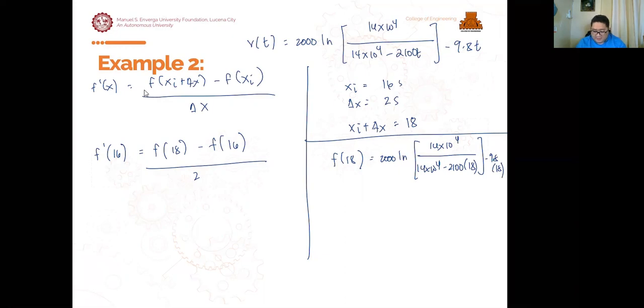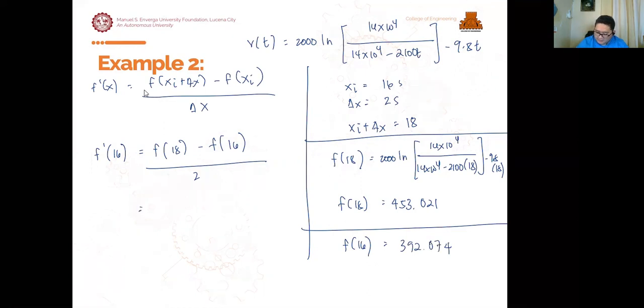Let's calculate. The calculated value of f of 18 is equal to 453.021. Then next is f of 16. Same, we just substitute there, but instead of 18 as input, we put in 16. So we have a value of 392.074.